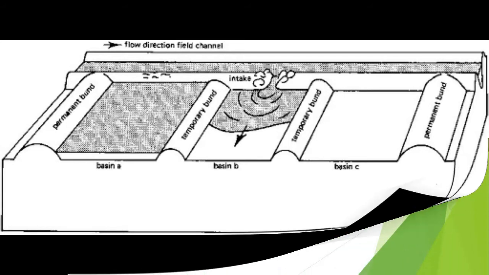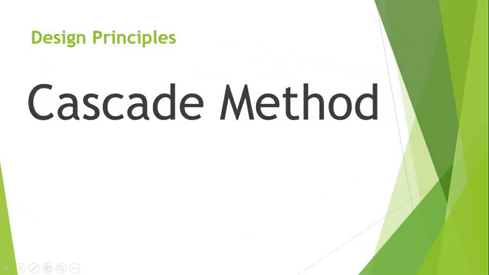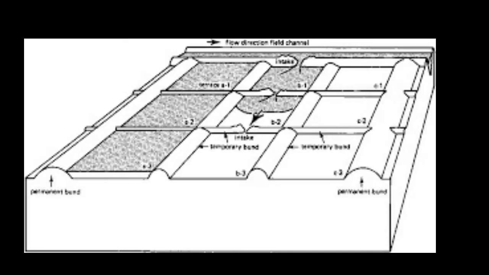Next is the cascade method. On sloping land where terraces are used, the irrigation water is supplied to the highest terrace and then allowed to flow to a lower terrace and so on. As you can see in the figure, the water is supplied to the highest terrace, which is A1, and it is allowed to flow through terrace A2 until the lowest terrace A3 is filled.